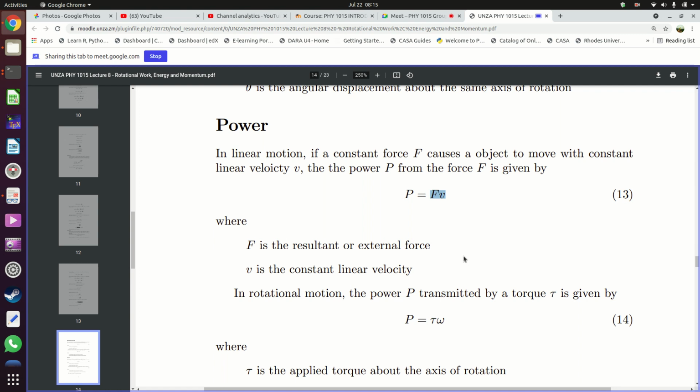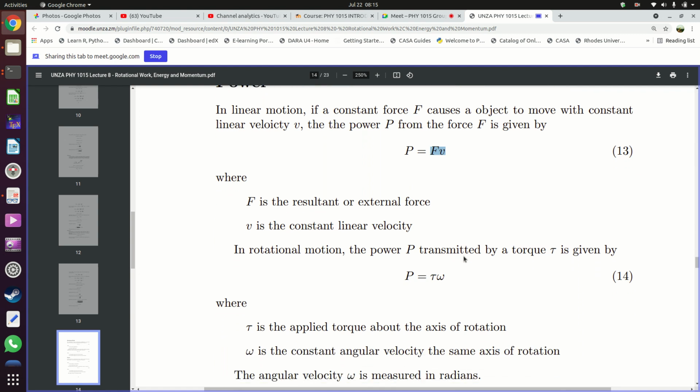Yes, sir. So similarly, there is also power in the case of rotational motion. So we shift this from straight line motion into rotational motion.